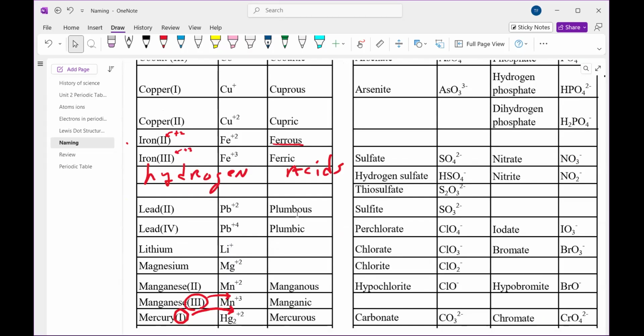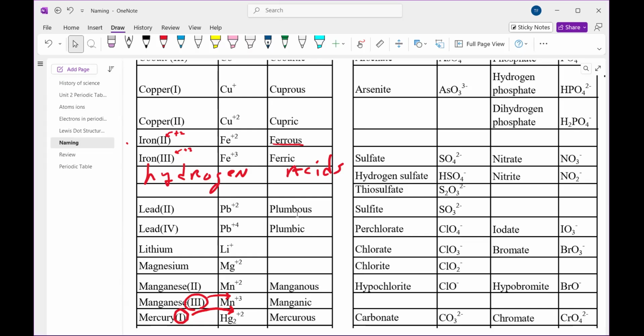Because NO3 and NO2 both have negative charges, are they the same thing? They aren't the same thing. One's called nitrite, the other's called nitrate. And the reason they're not spelled the same is because the formula is different.